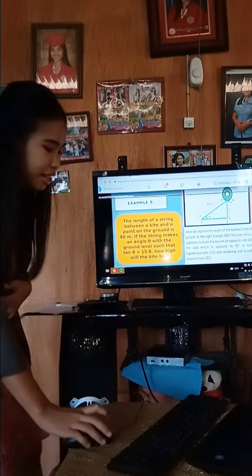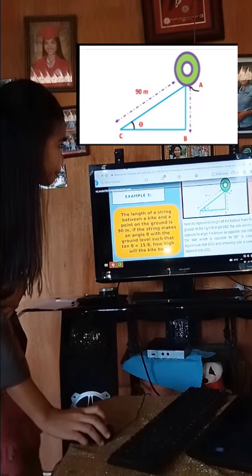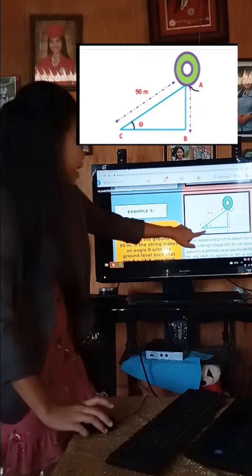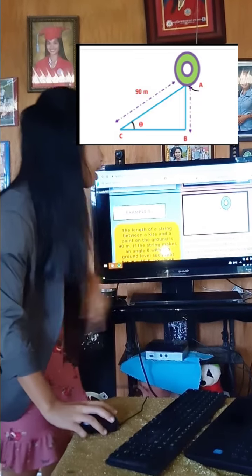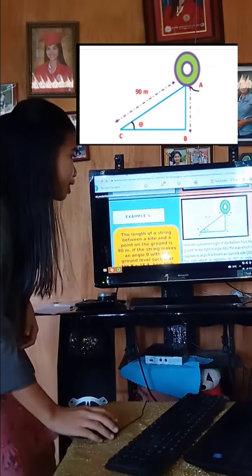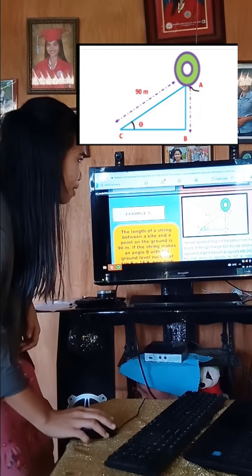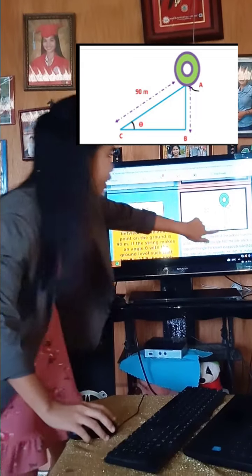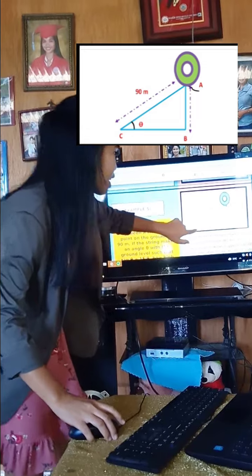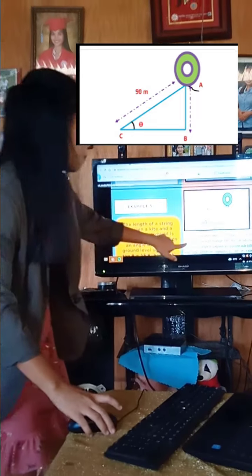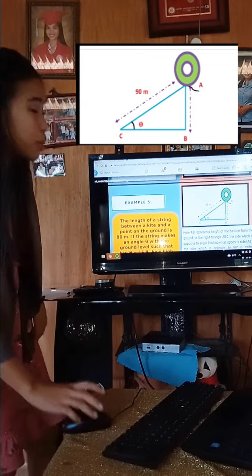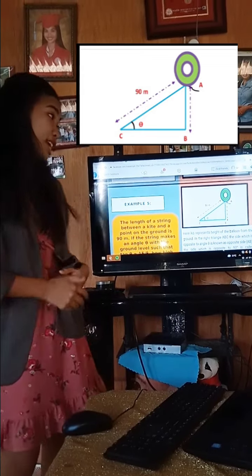So here is our figure. Here AB represents the height of the kite from the ground. In the right triangle ABC, the side which is opposite to angle theta is known as the opposite side, or our side AB.